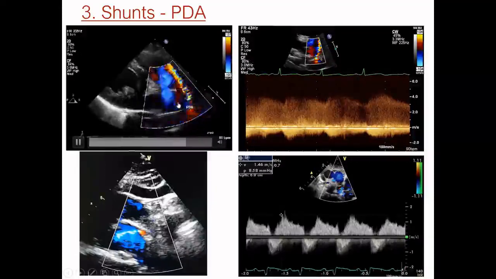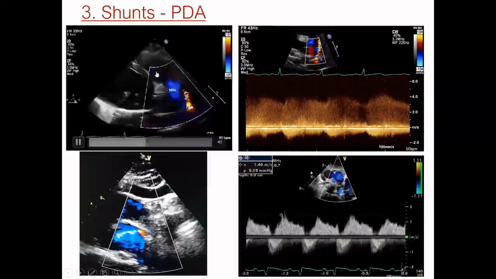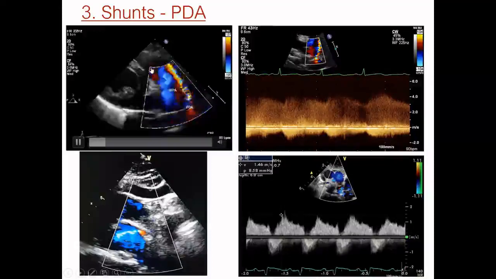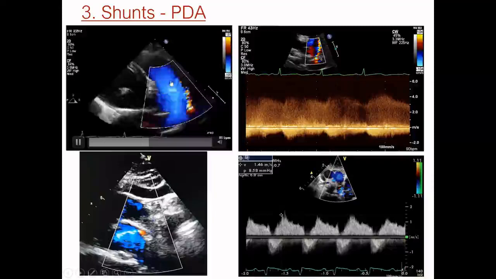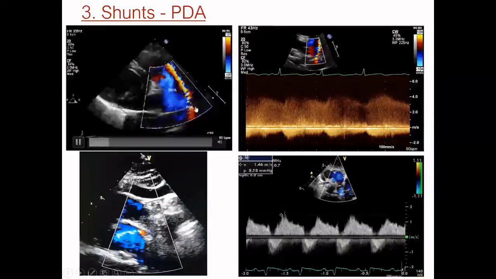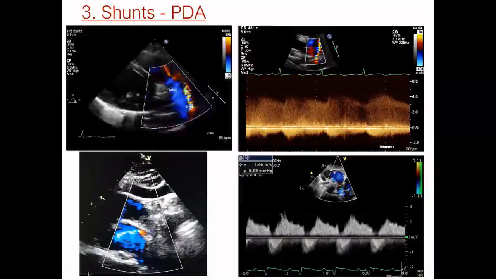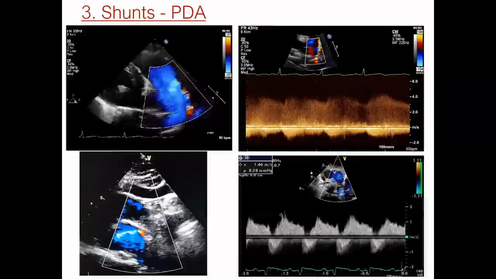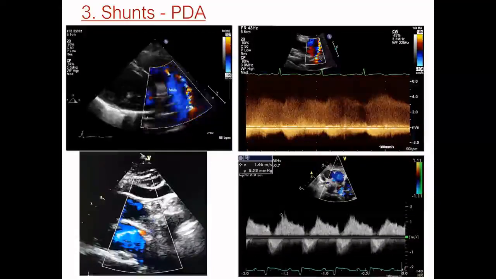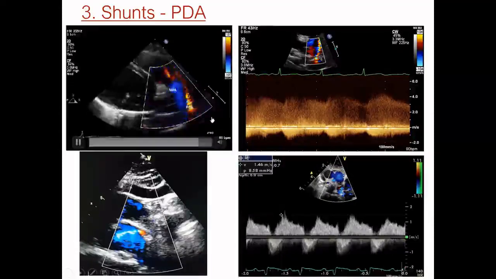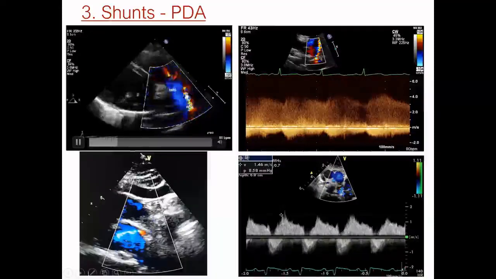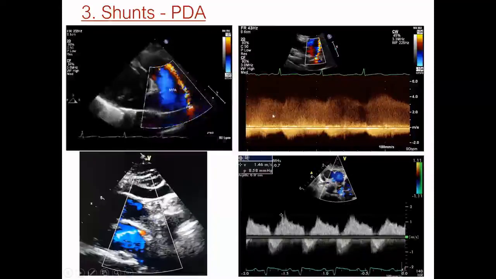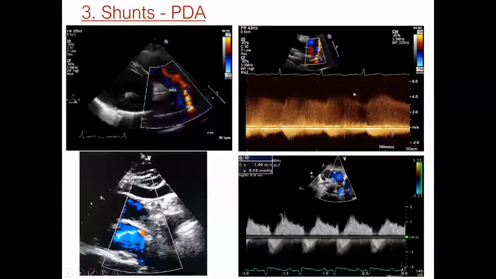It's very, very important that we always try to put this color box tall towards this area of the pulmonary artery, near the left pulmonary artery branch, to see if there is any patent ductus arteriosus. So you can see there's a continuous flow coming from the patent ductus arteriosus back into the main pulmonary artery, as you can see with the CW Doppler.